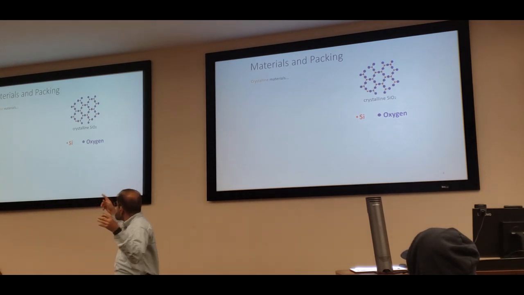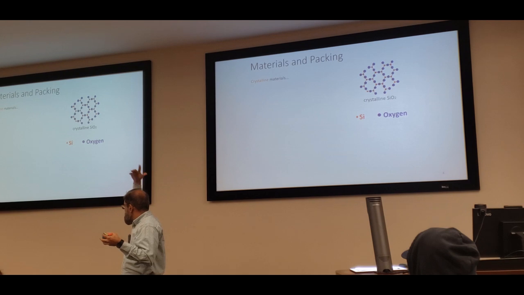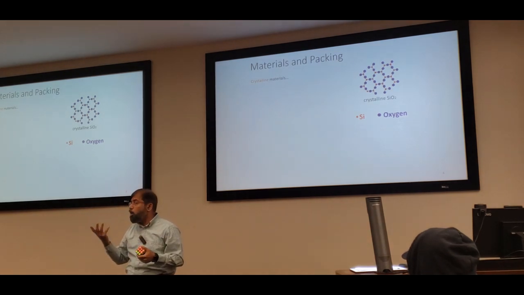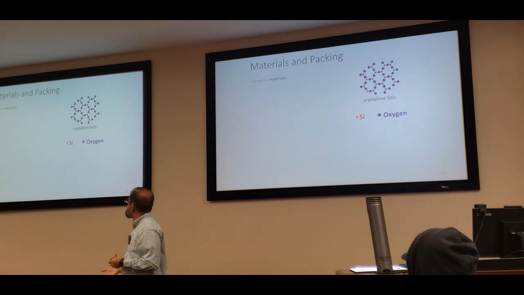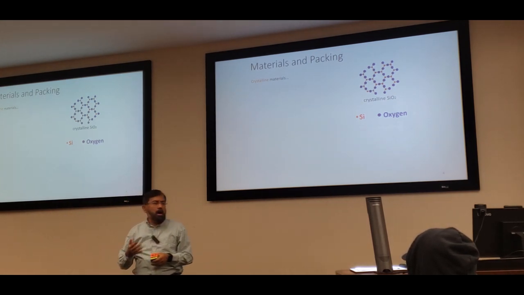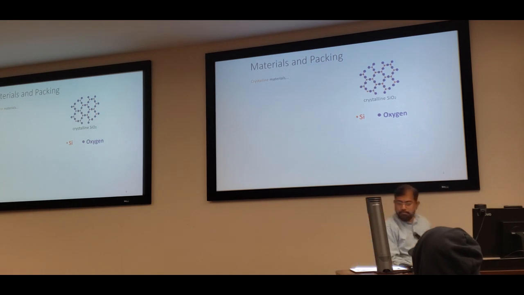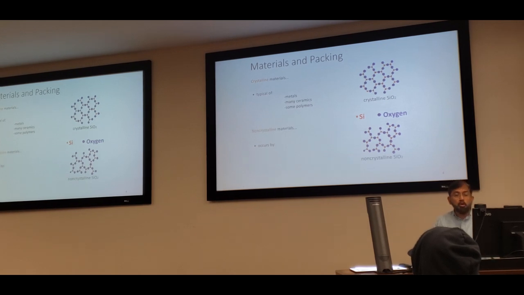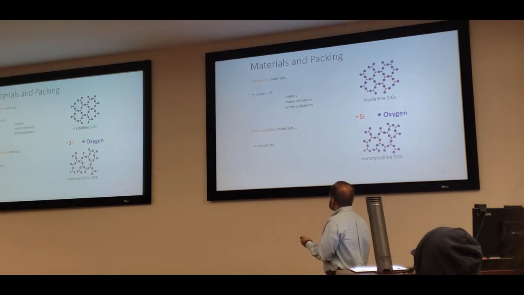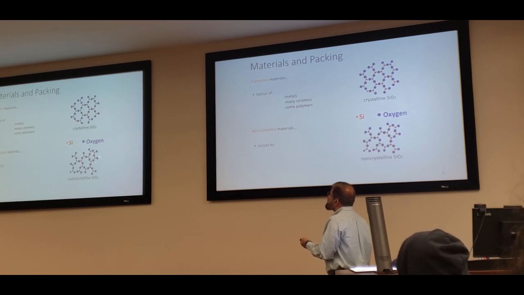An example of crystalline silicon dioxide is quartz. You have heard about quartz, right? Quartz is completely crystalline silicon dioxide. And amorphous silicon dioxide is the other one. This is non-crystalline silicon dioxide, which is silica, and here, unlike the other one, the atoms are randomly packed.